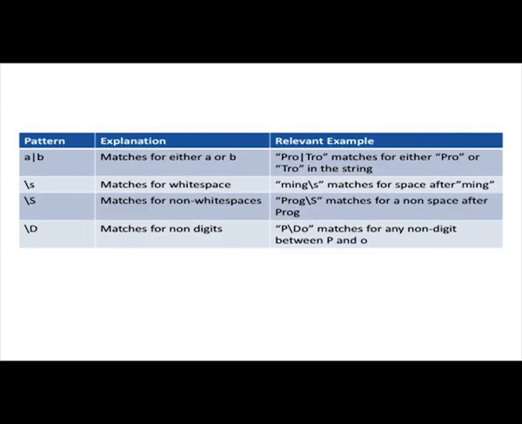If I give it as a|b, my dear viewers, I suppose you might know this symbol from mathematics, it is called the logical OR, wherein it matches either a or b. As an example, PRO|TRO matches either PRO or TRO.